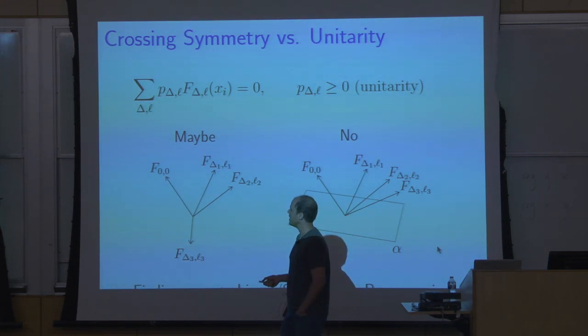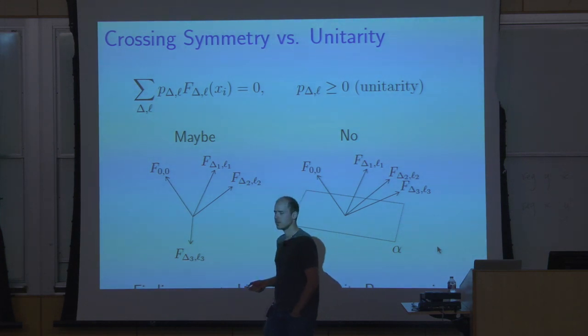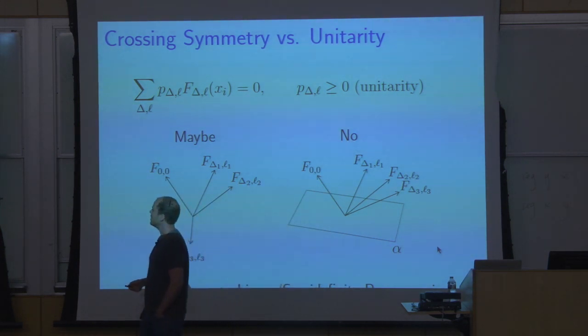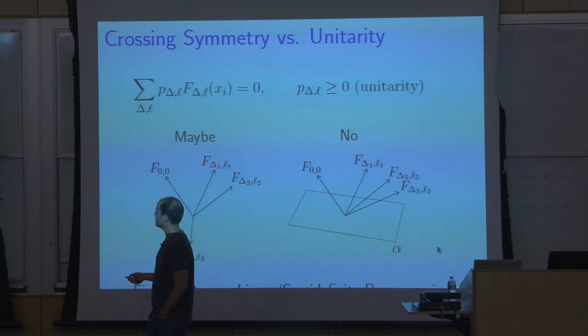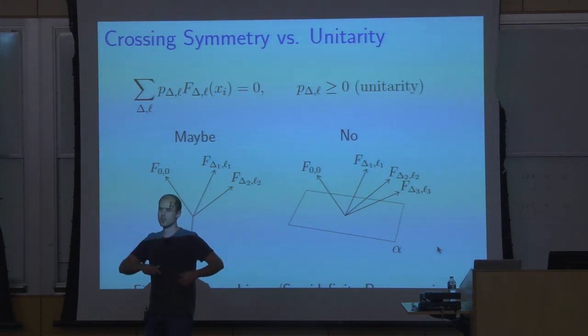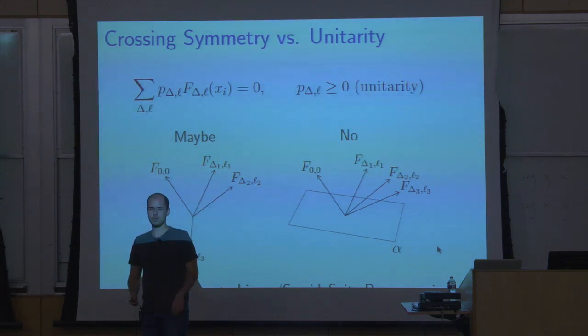The way to see that they can't balance is to look for a separating plane. So we look for a plane alpha such that all the vectors lie on one side of the plane. The way the oracle works is you give it a list of deltas. It constructs all the vectors in that list, and then it also constructs all the other vectors that could possibly appear.